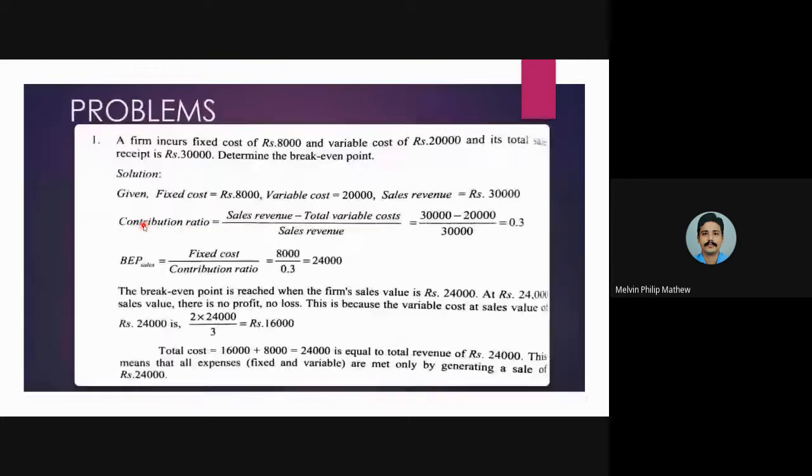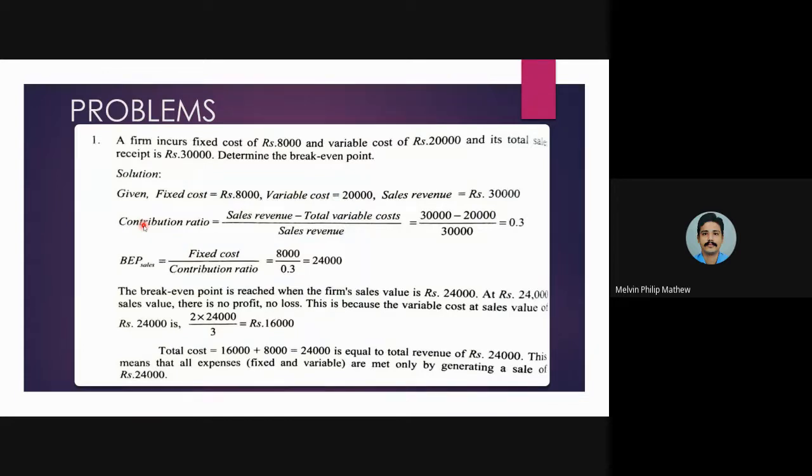In yesterday's class we discussed the equation BEP in units, Q, is equal to F by S minus V, where F is fixed cost, S is selling price per unit, and V is variable cost per unit.